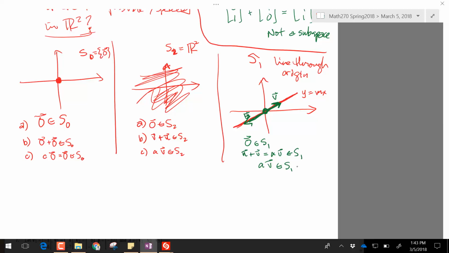Okay? So these are the only three possible subspaces you have in R2. It's either just 0, it's the whole thing, or the only thing in the middle would be a line passing through the origin. Yes?